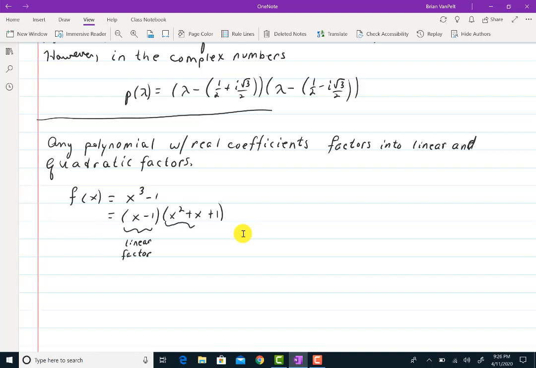This piece here is an irreducible quadratic. If I were to try to break it down, I would go into complex numbers, and well, as long as we're stuck with real numbers, we can't go any further than what I have here.